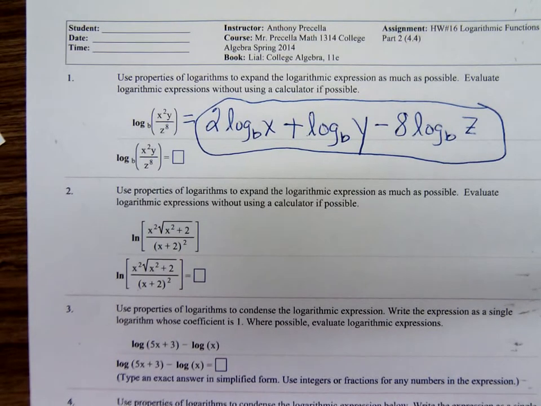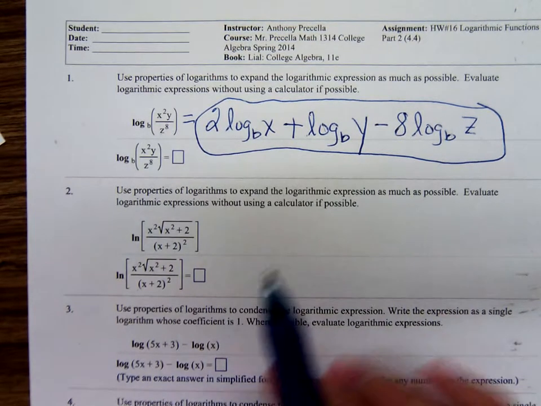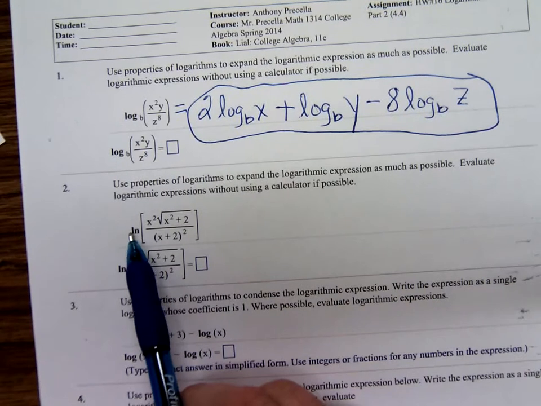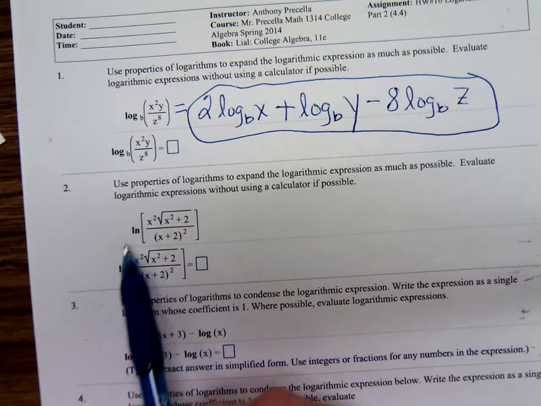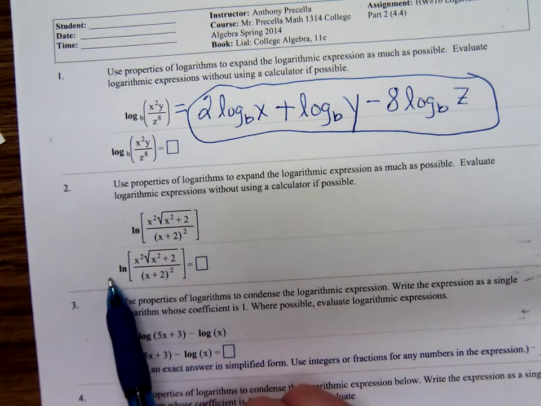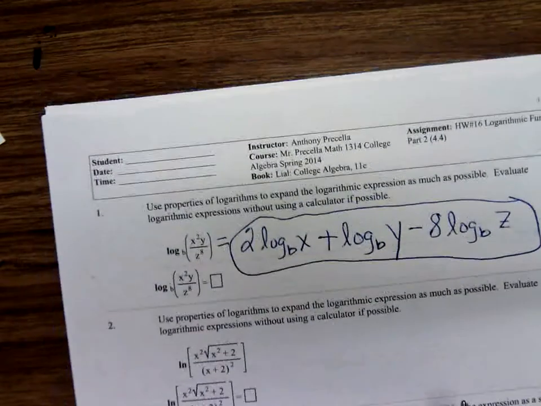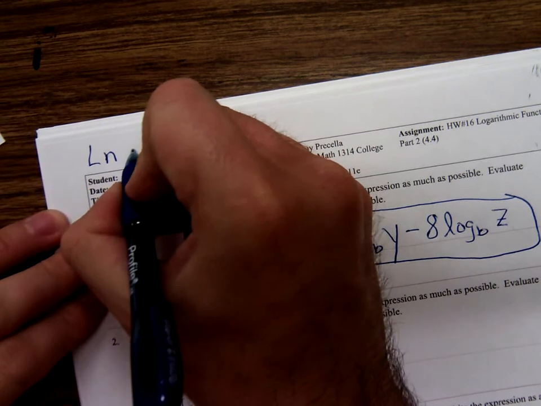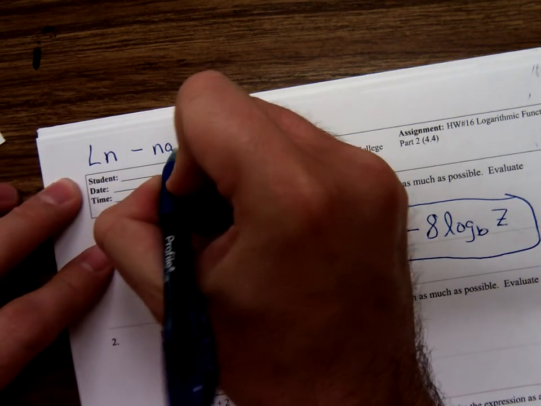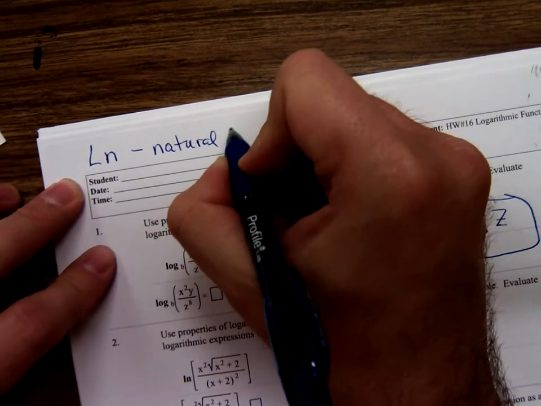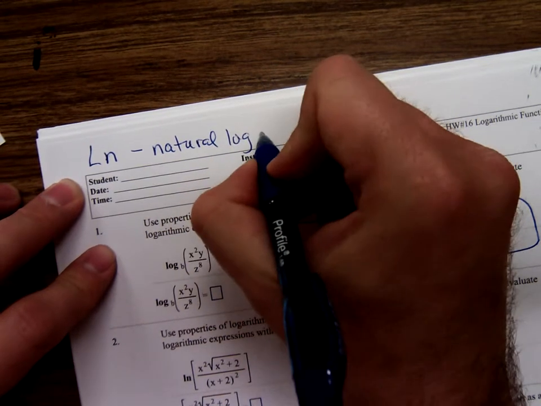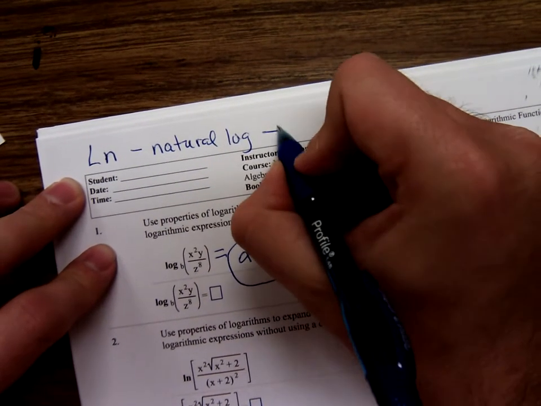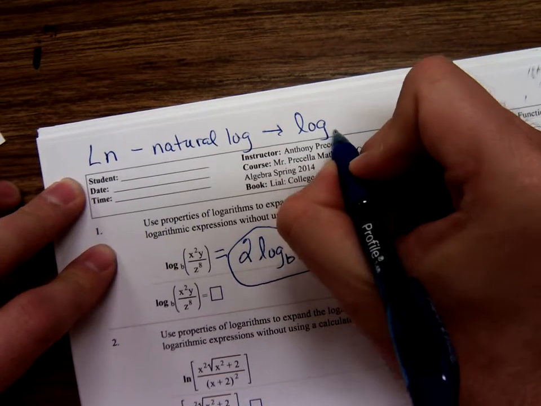Now, the next one has an ln. That might look like an I, but it's an ln. And that's another logarithm. Ln denotes what's called the natural logarithm, and that is log base e.